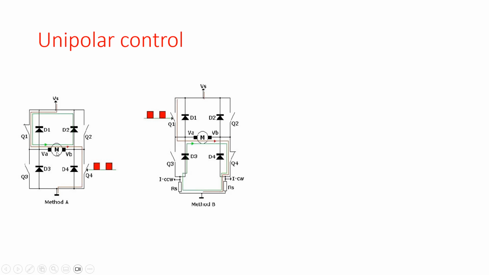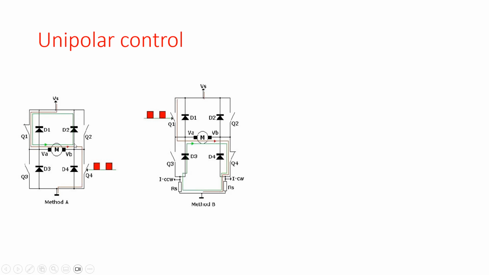Because of that, when opening Q4, the green path is my new current path, because the current will keep on flowing through the motor. So it's a green arrow over here. So my current path is from my power supply through Q4, through the motor, and then through diode D2 back to Q1. So this is my current path over here.